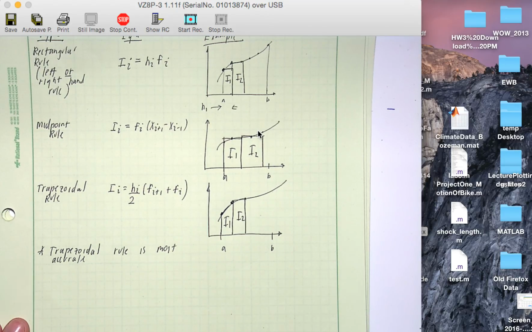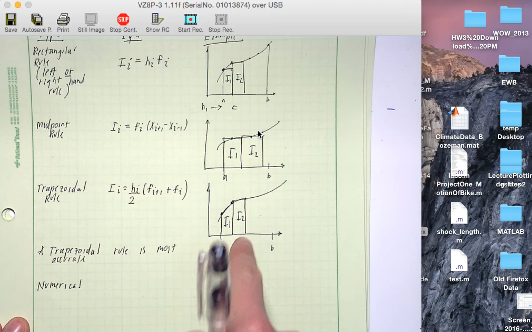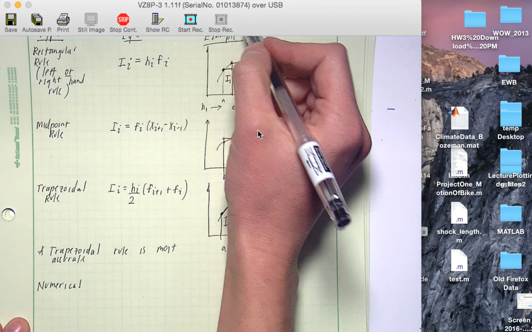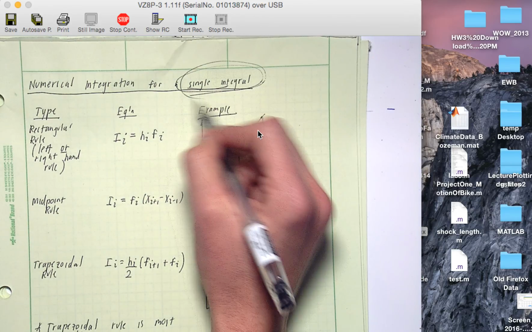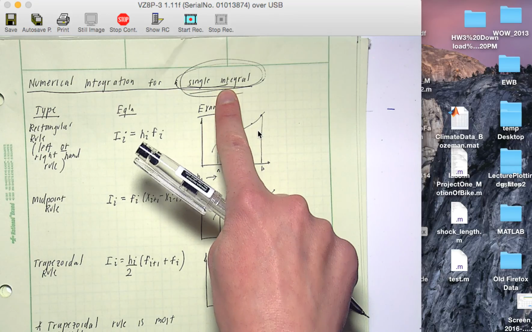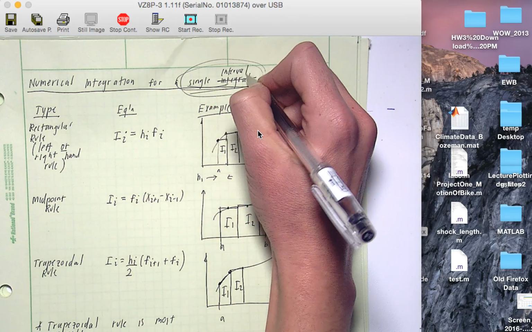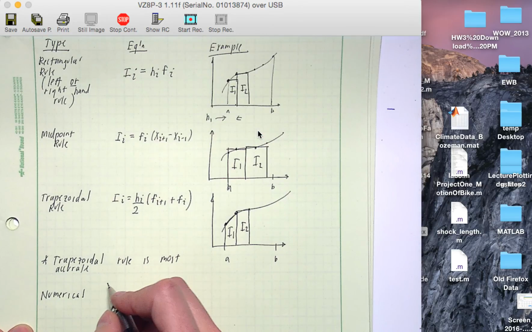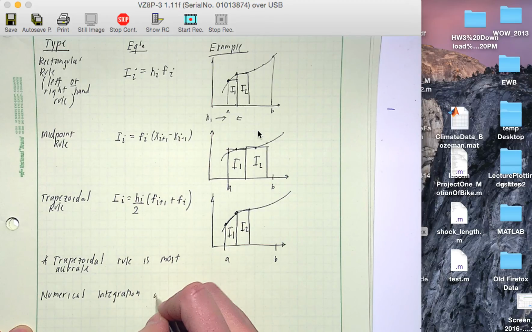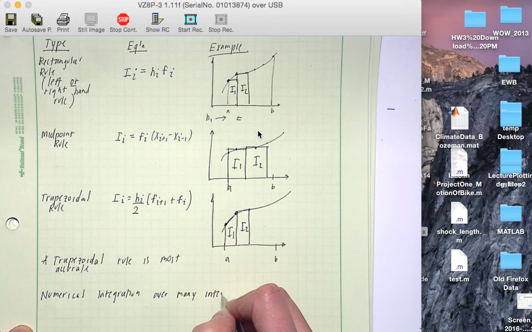And in your lab, remember, you need to make sure that you're not just solving for the integral over one interval. You see here how I wrote, this is the numerical integration over a single interval. You need to find the numerical integration over all the intervals.